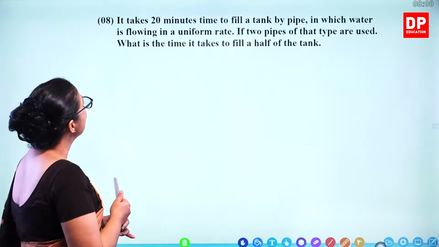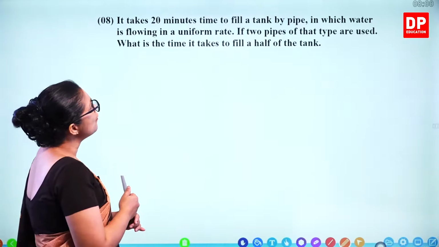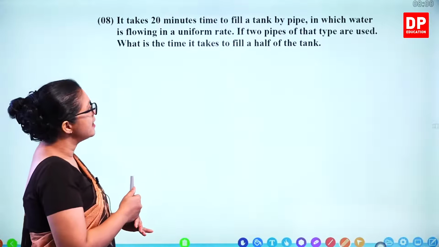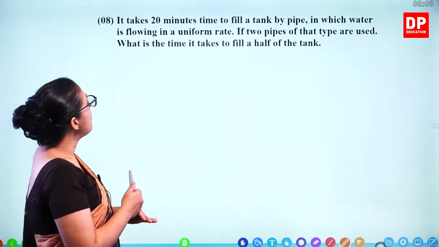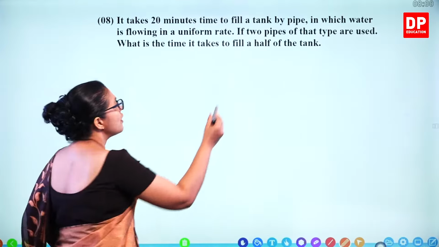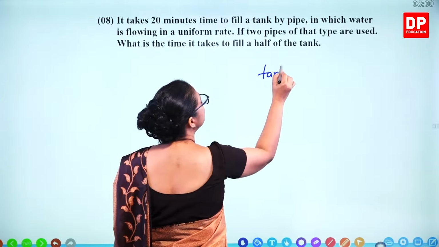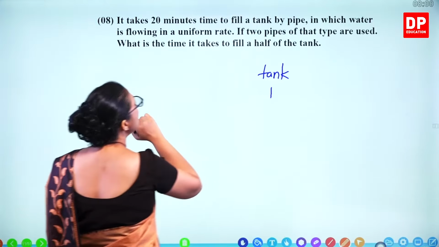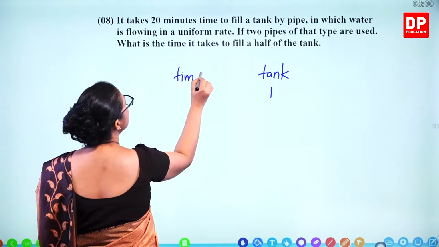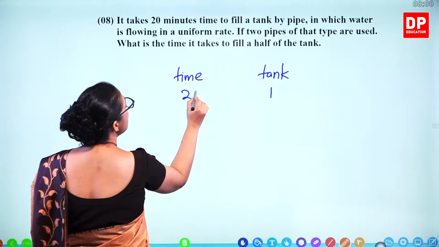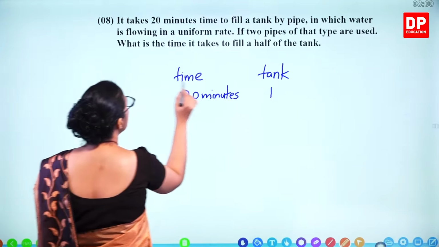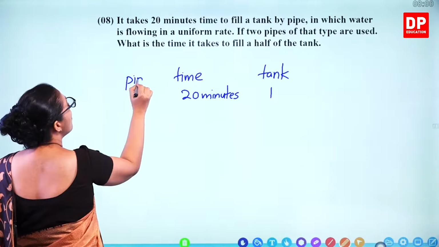Question number 8. It takes 20 minutes to fill a tank by a pipe in which water is flowing at a uniform rate. If 2 pipes of that type are used, what is the time it takes to fill half of the tank? So think about the full tank. To fill the full tank, the time taken is 20 minutes with 1 pipe.